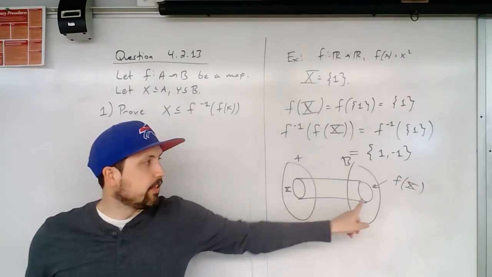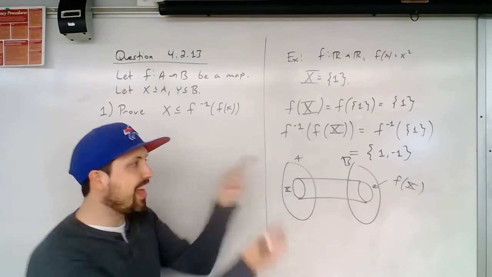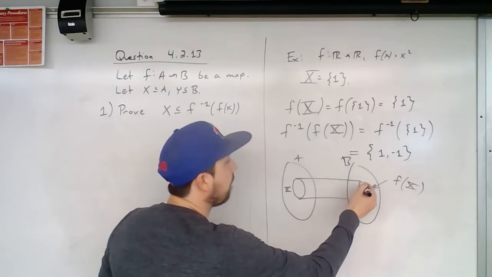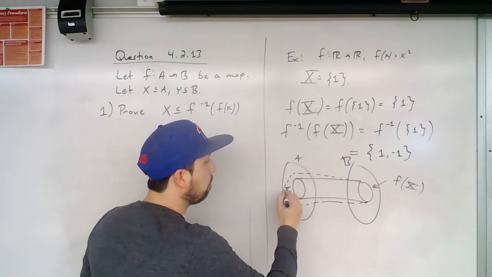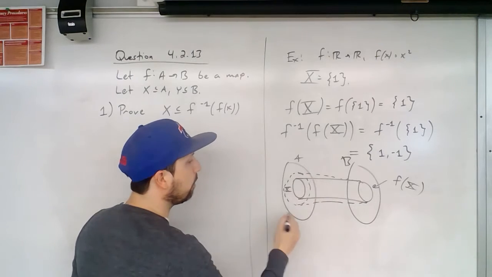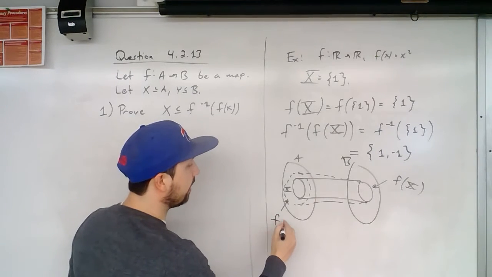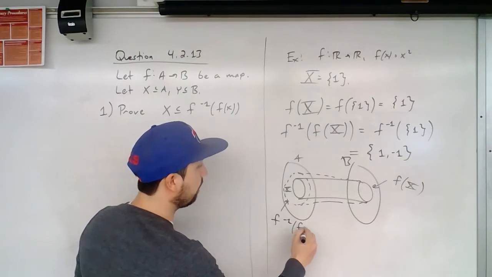So this is the image of this set, but then what we're doing is I'm now going backwards to this. And so when we go backwards, we now pick up a slightly larger set, f inverse of f of X.